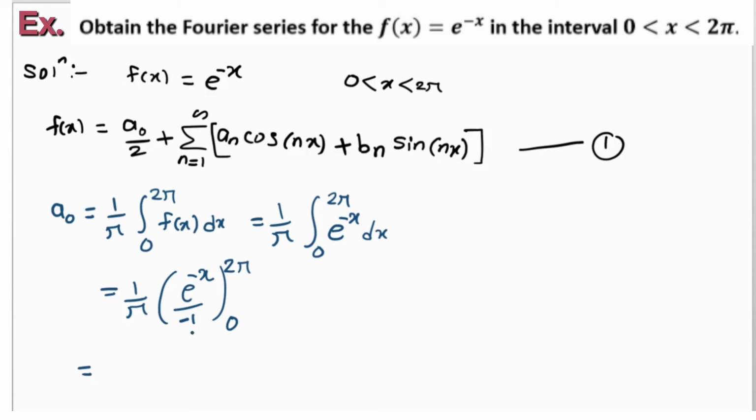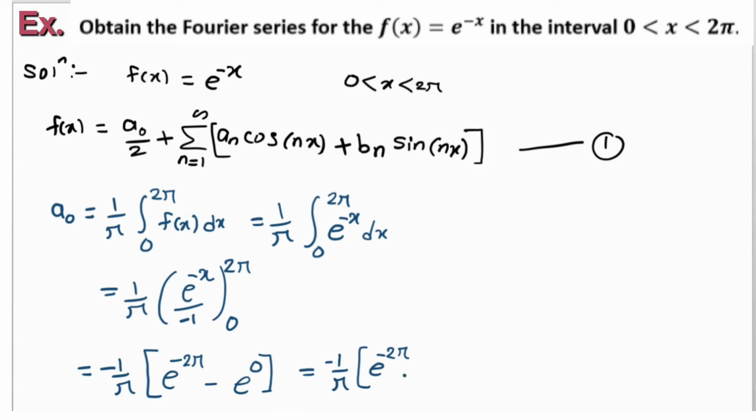Minus 1 is a constant that we can take outside. So minus 1 upon pi is as it is. If we put the upper limit 2 pi, it is e raised to the power minus 2 pi, minus the lower limit, e raised to the power 0. That means it is minus 1 upon pi, outside term as it is, e raised to the power minus 2 pi, and any number raised to the power 0 is 1.